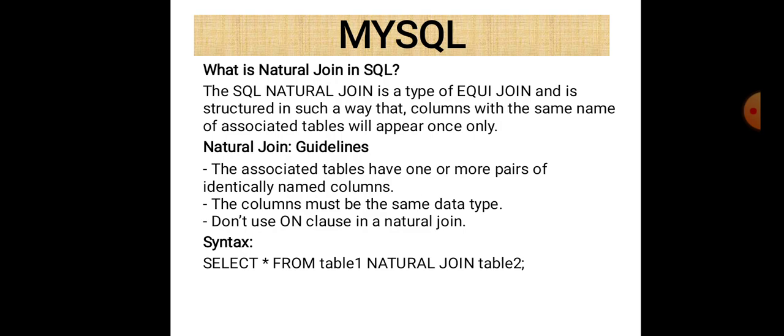Our next topic is natural join. SQL natural join is a type of Equi join and is structured in such a way that columns with the same name of associated tables will appear only once. There are guidelines to follow regarding natural join. First of all, the associated tables have one or more pairs of identically named columns. The columns must be of the same data type, and don't use the ON clause in a natural join.